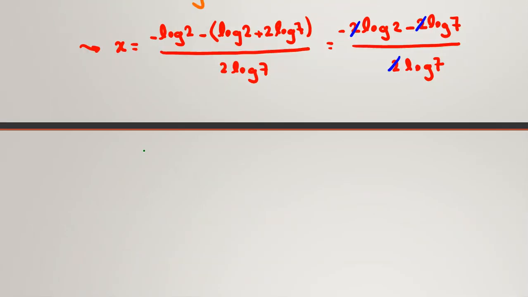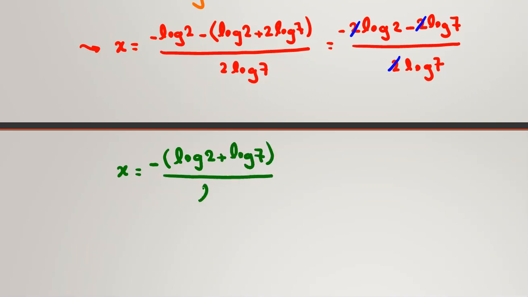And we can rewrite it as x equal to negative log 2 plus log 7, all over log 7. We can say this is the answer, but we can also use the rule that log a plus log b equals log ab.